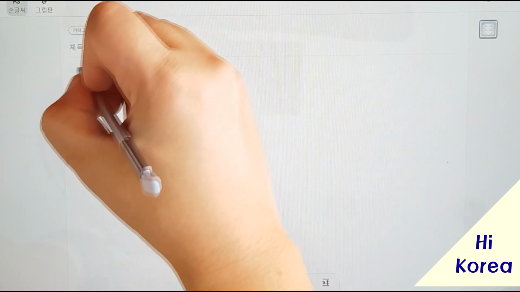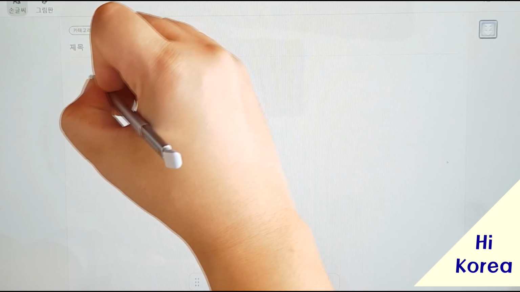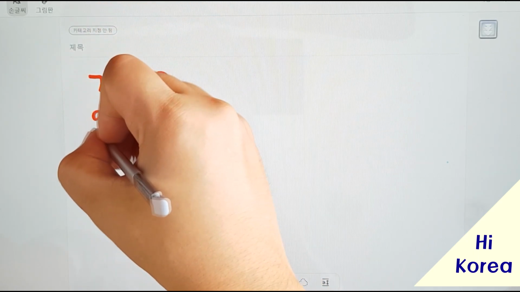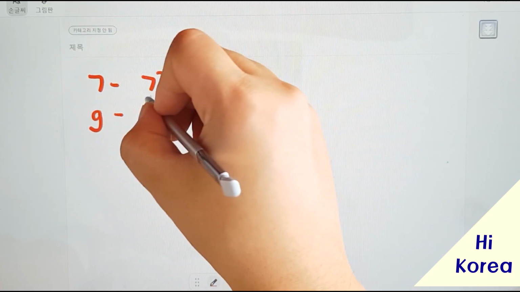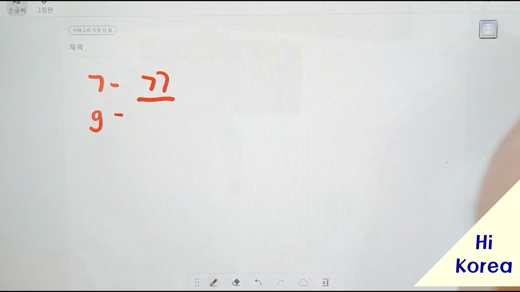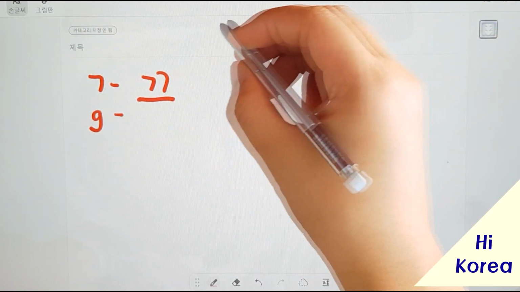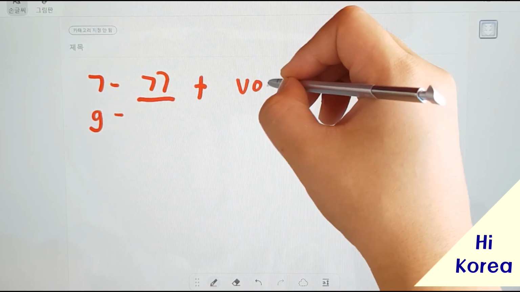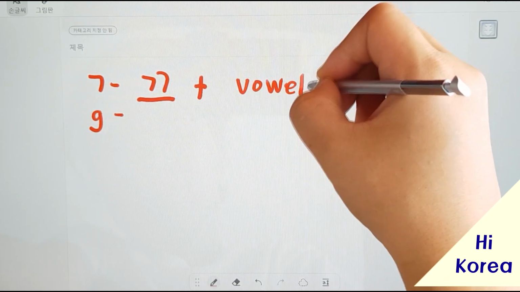So, next, let's learn about double consonant. Last time, for G, we learned double G, double giyeok, ssang-giyeok. So, ssang-giyeok plus vowels.